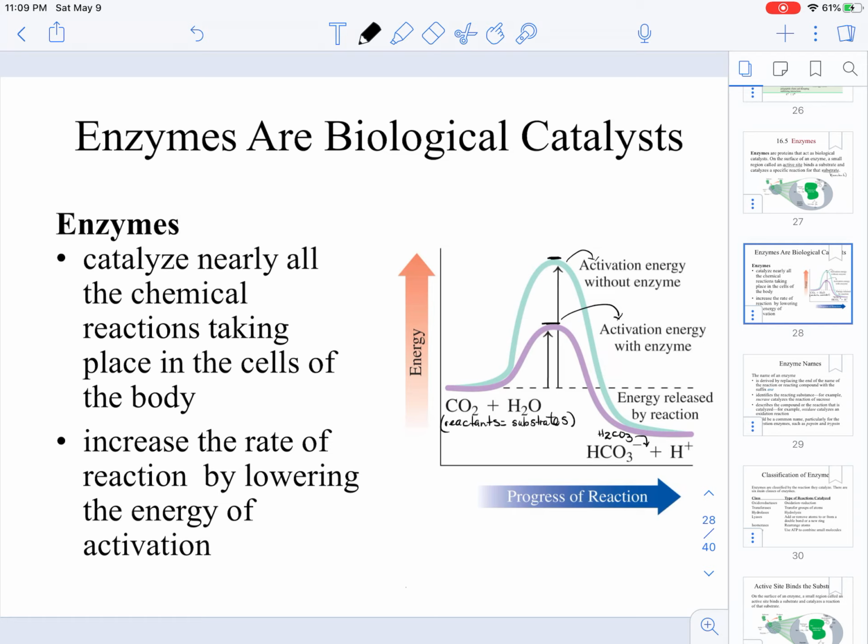Notice that the potential energy of the reactants and products is unchanged because of the use of an enzyme. The only thing that changes in the whole process is lowering the activation energy of the reaction.